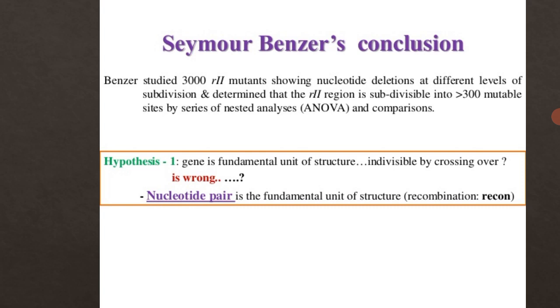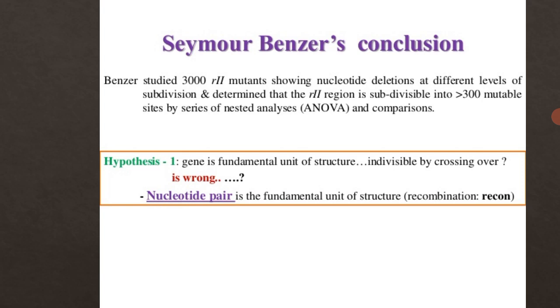Okay, in the previous example we just saw mutant 1 and mutant 2. Similarly he studied 3000 R2 mutants showing nucleotide deletions. Okay, and then he got various varieties of mutants as progeny. So what he concluded is that these deletions are present at different levels of subdivision, at different levels of its growth, and determined that the R2 gene region is subdivisible, right?